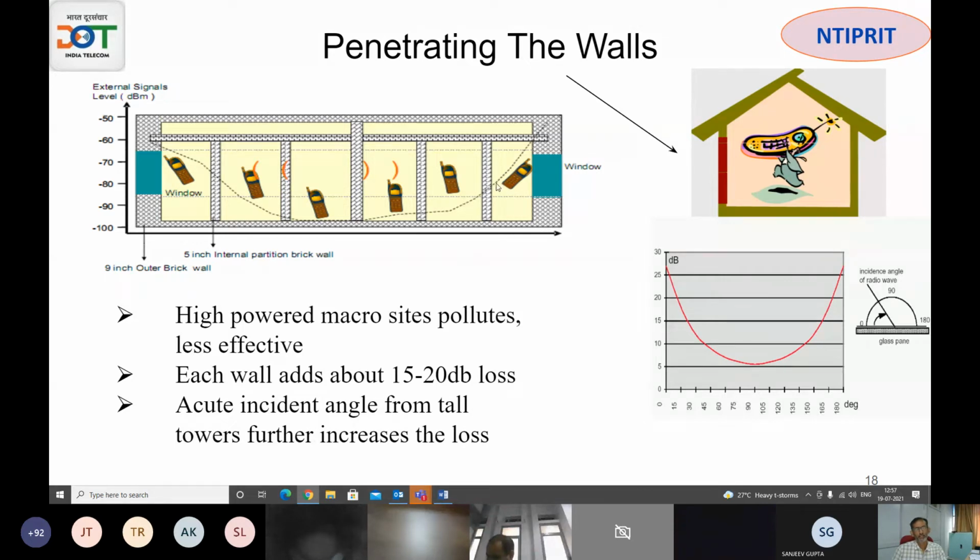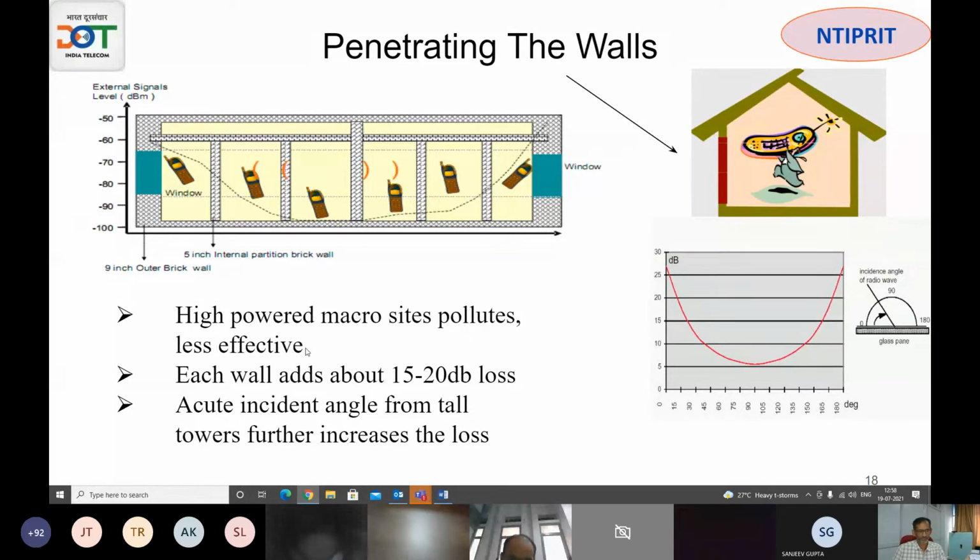Earlier, I read somewhere that you will have proper coverage if you are able to read a newspaper without a light in the room. It's a thumb rule. If you are able to sit in a room and read a newspaper without a light during the daytime, that means the outside signal is able to penetrate. So that much loss is there. It is just for an idea.